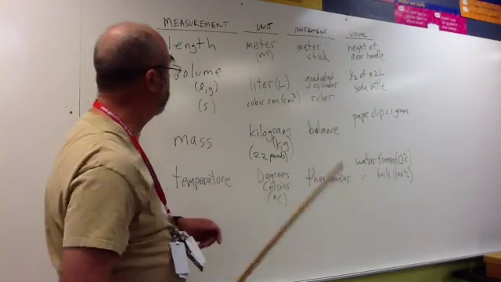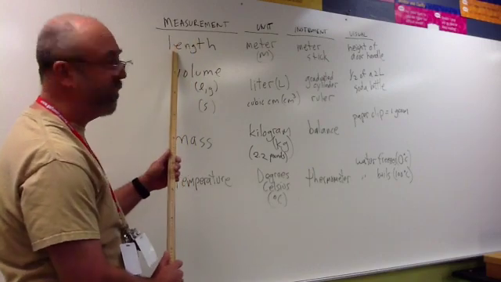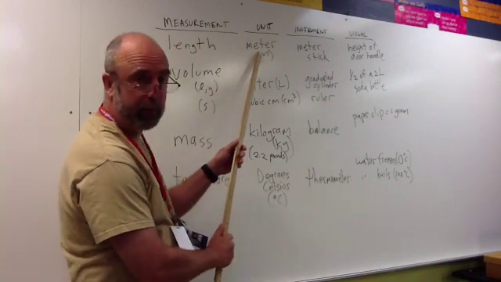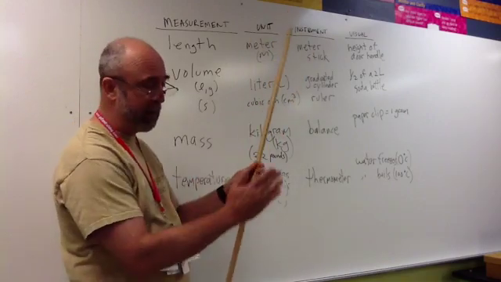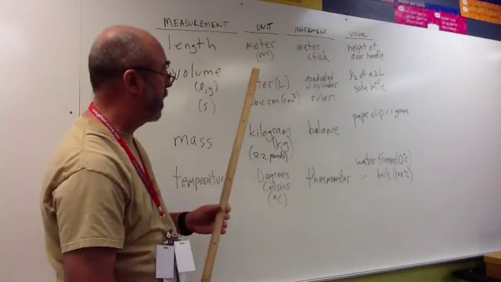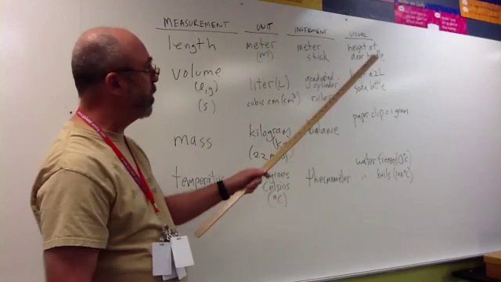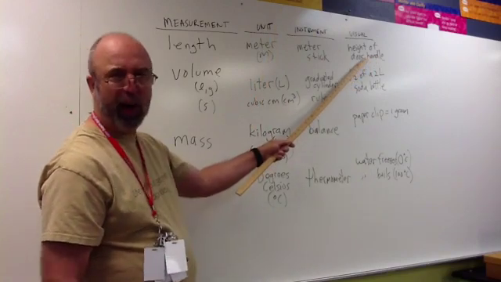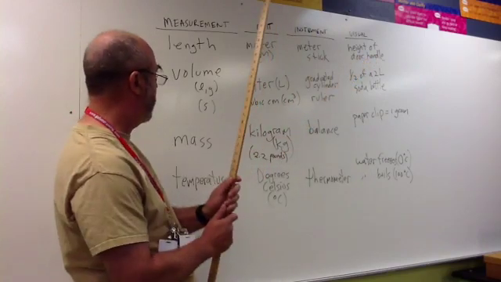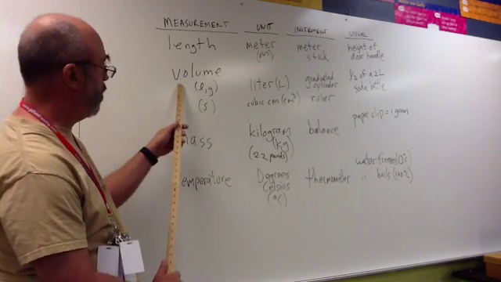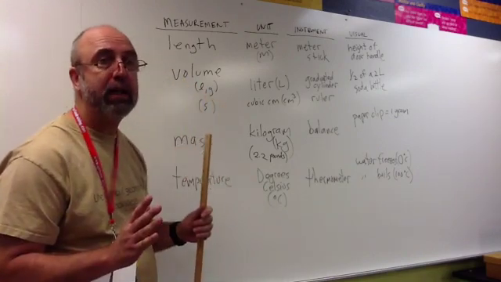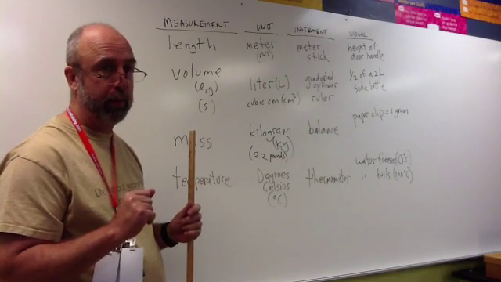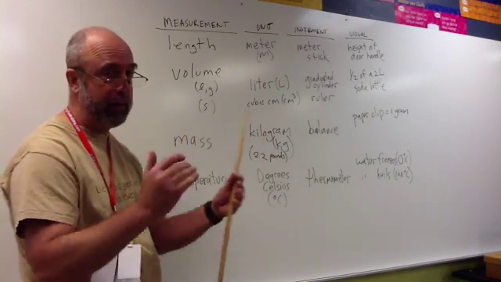In the SI system, the unit of length is the meter with the abbreviation small m, and we use our trusty meter stick, or sometimes a smaller metric ruler, to make those measurements. That is about the height of a door handle on a door, roughly. There are two kinds of volume, and volume is the amount of space an object takes up, three-dimensional space.